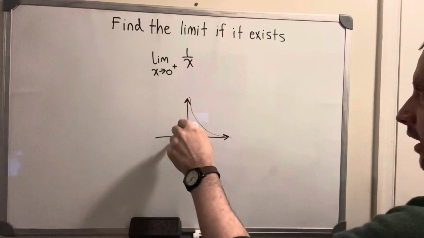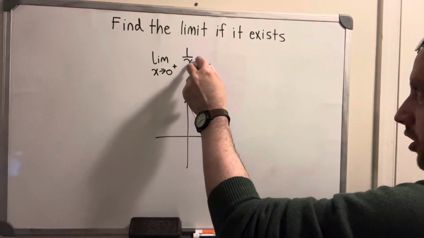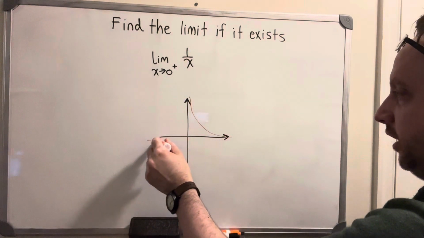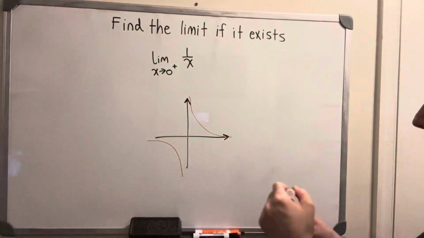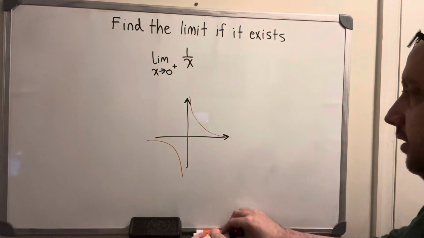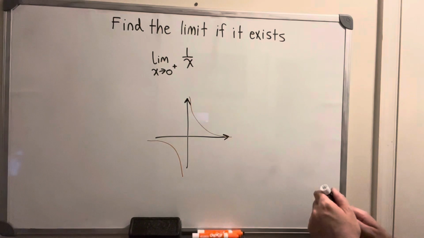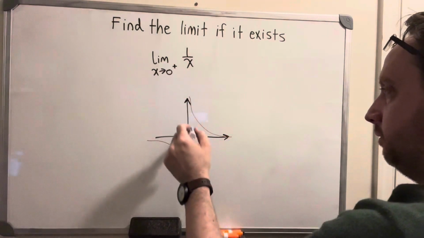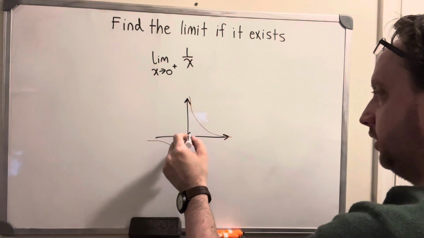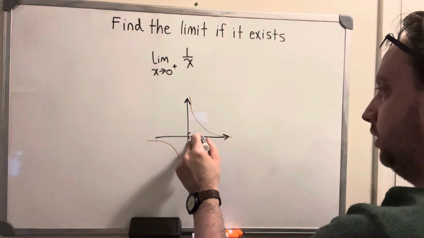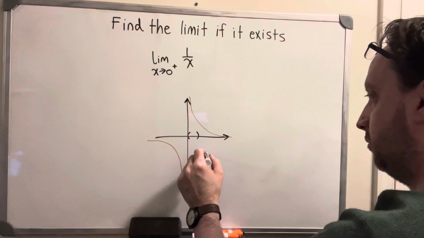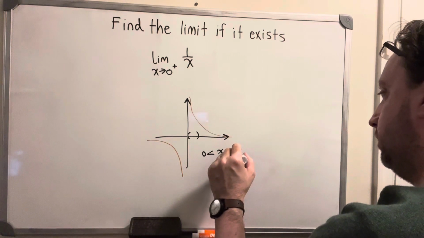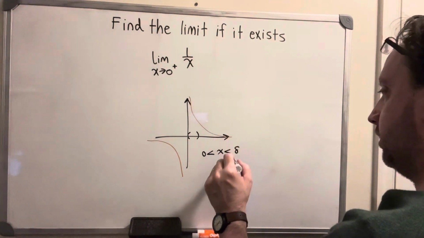Same thing for negative values. For large negative values, it's very small. For small negative values, it's very large. So what interval are we talking about here? x approaching 0 from the right, so not including 0, but we could say from 0 to 0 plus delta.